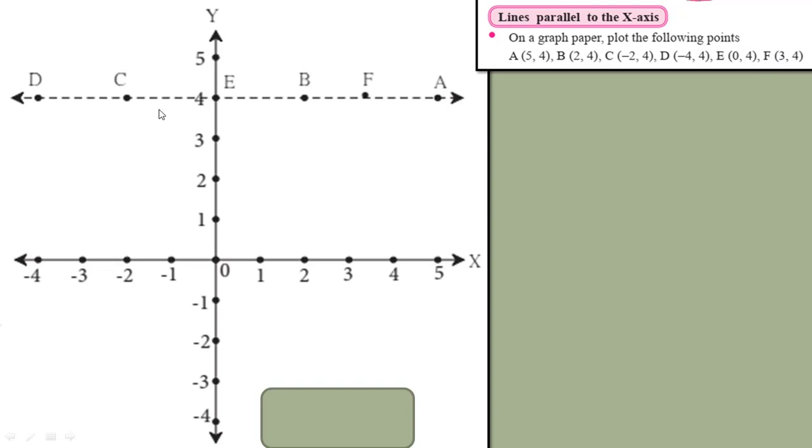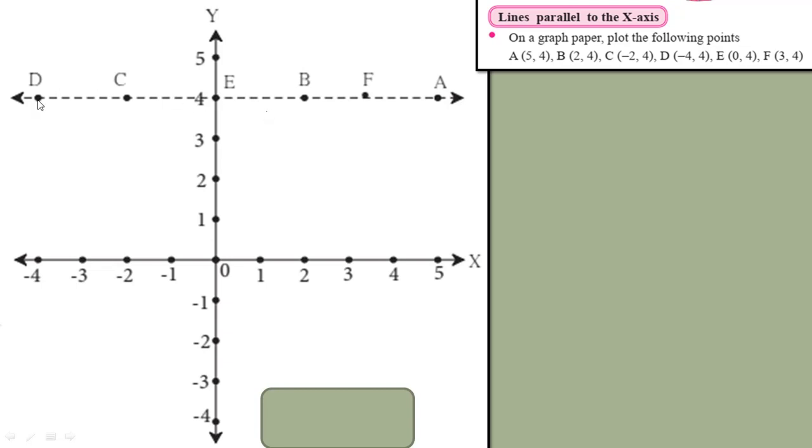So now we'll plot point A. In the earlier problem I have shown you how to plot a point easily. Here we observe that the y coordinate of each point is 4. So we'll draw one line parallel to the x-axis at 4.